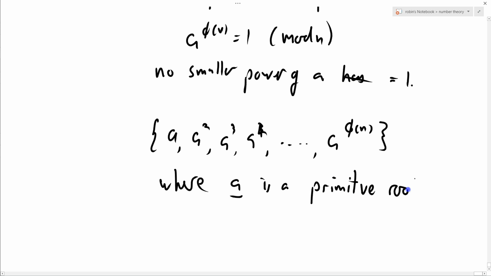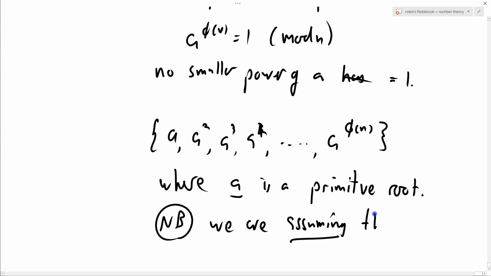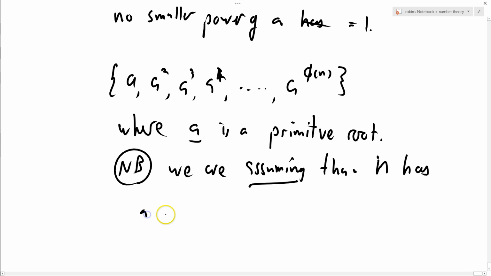Note that we are assuming that n has a primitive root. So everything I'm going to say is contingent on being able to find an a which is a primitive root.